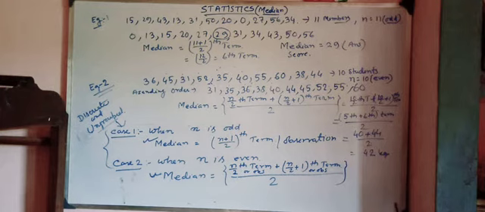Actually, we have to remember that if we arrange a series or some observations in ascending order or descending order, then the median should be the middlemost value of those observations. That we have to understand.